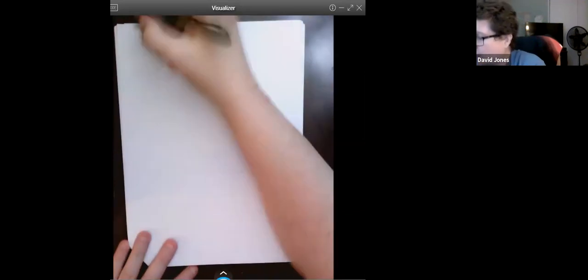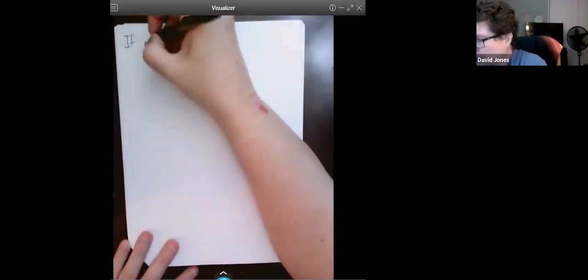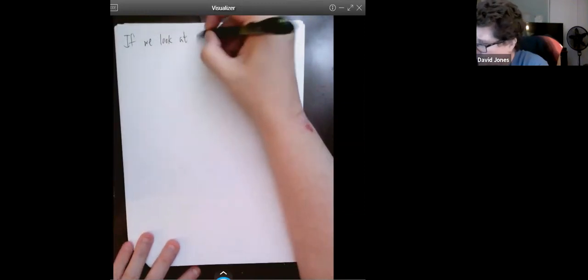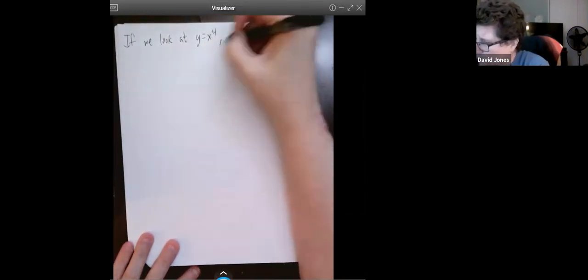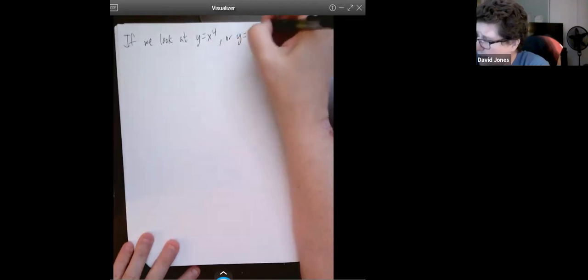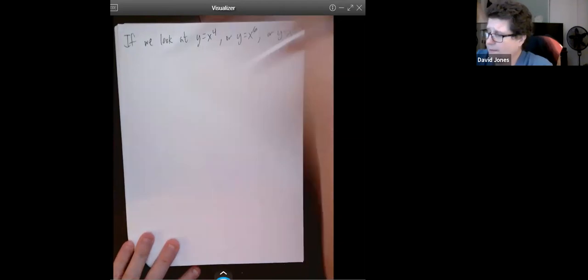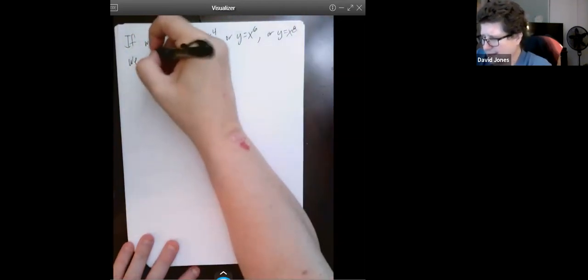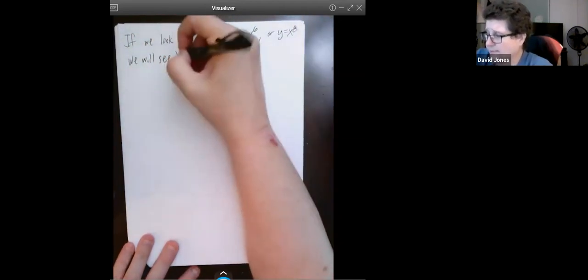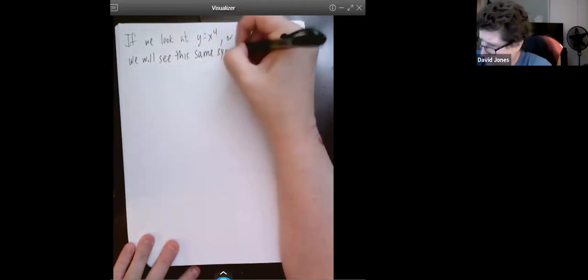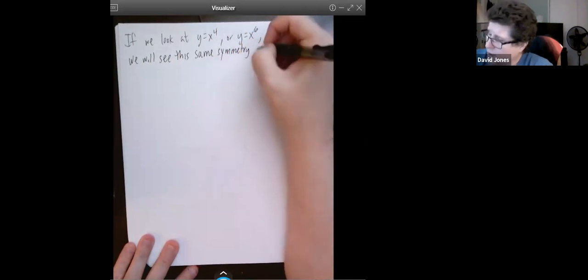All right. If we looked at y equals x to the 4, or y equals x to the 6, or y equals x to the 8, we will see the same symmetry across the y-axis.